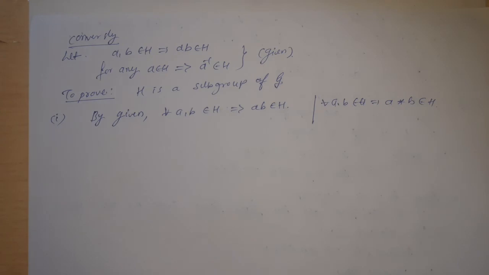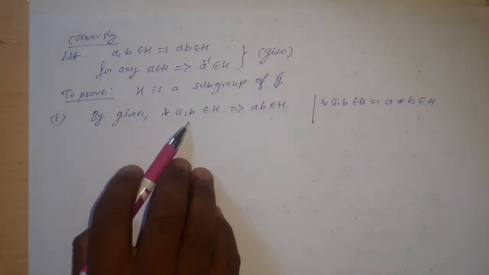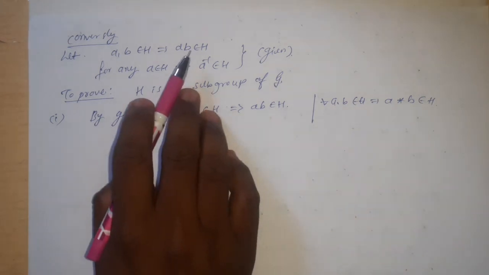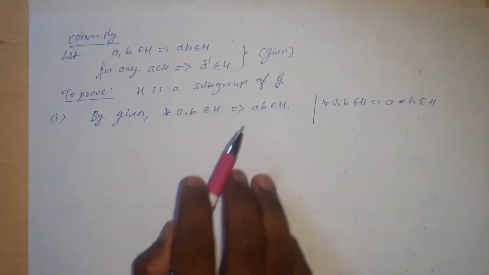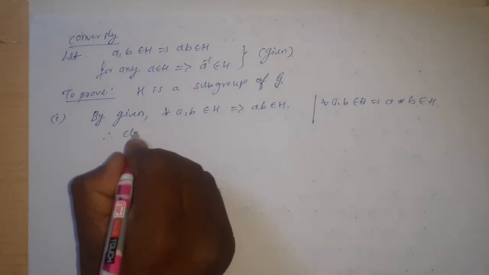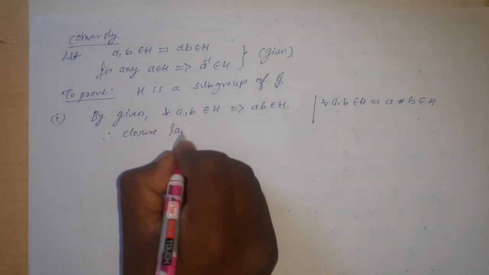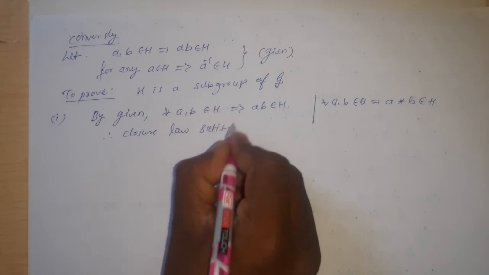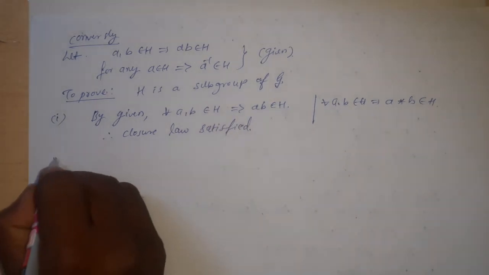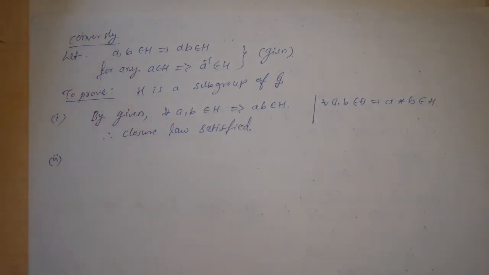So already it is given that in H this property holds good. Because it is given, it is already satisfied in H. Therefore, closure law is satisfied.